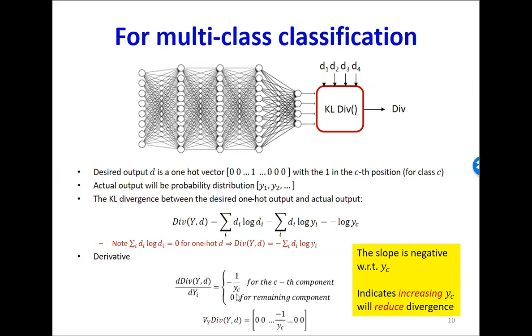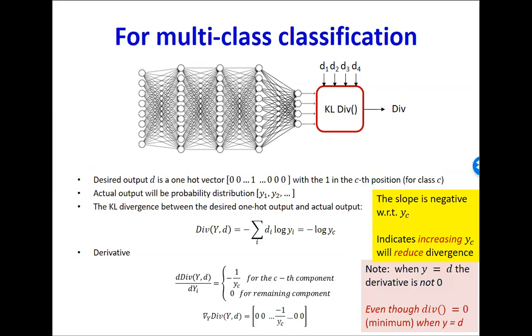Y is always positive, so 1 over y is always positive. So for the correct component, the derivative is negative. And we saw in the last class that when the derivative is negative, it's encouraging that value to increase. So it's always going to try to increase y. And once again, when you have the correct answer, the derivative is not zero.